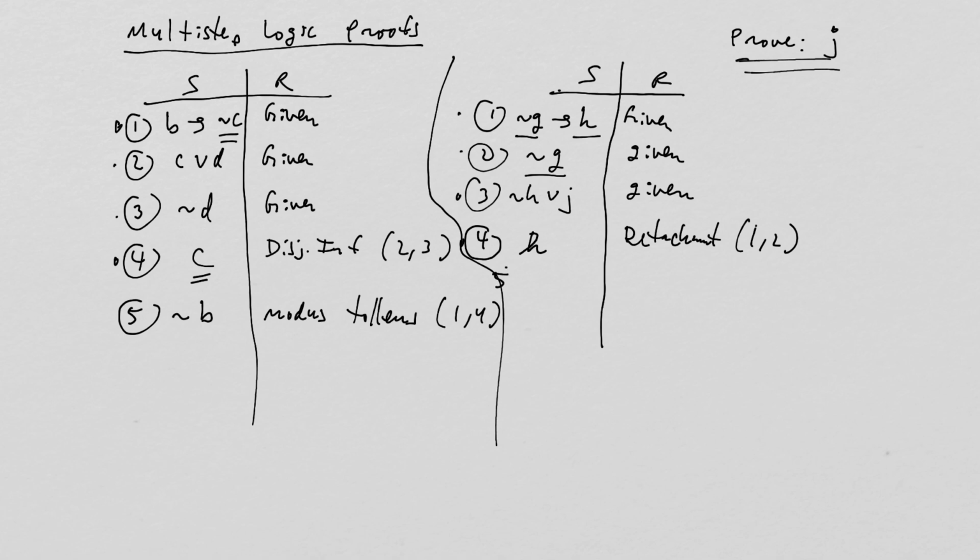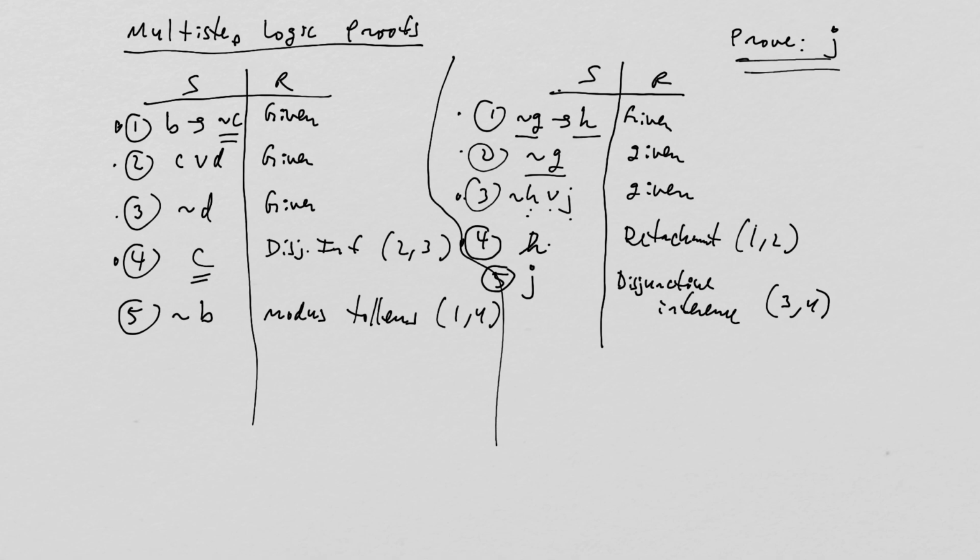The statement is not H or J, and it's true. H is true, so not H is false. But the or statement is true, so one of them has to be true, so it has to be J. And the final reason is disjunctive inference, utilizing lines 3 and 4.